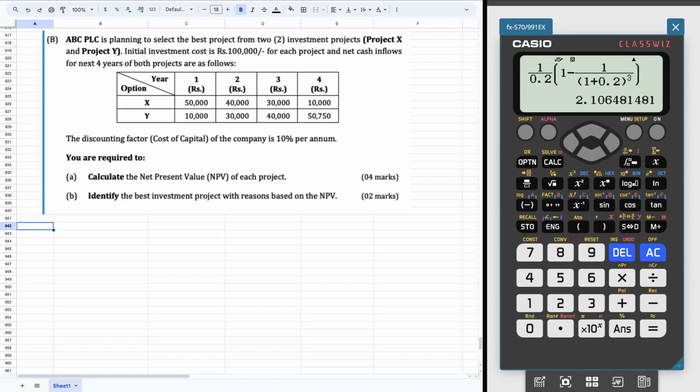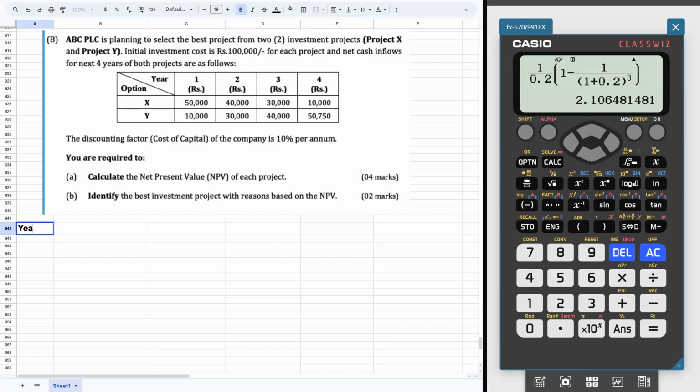Give me a second. Right. I said we have to find out year and cash flow, then discounting factor, then it will give you the present value.